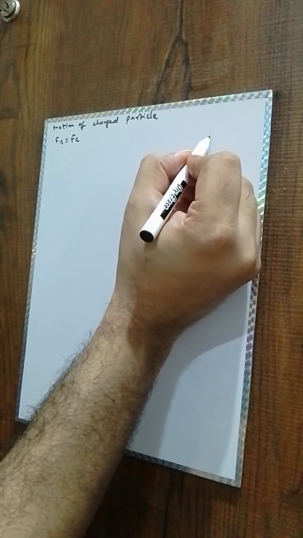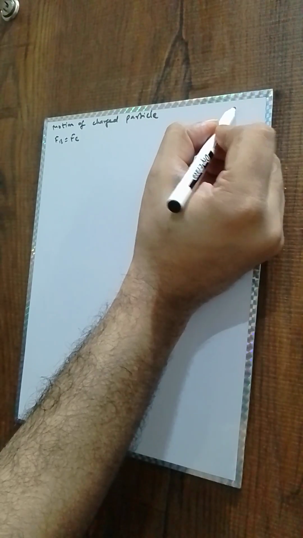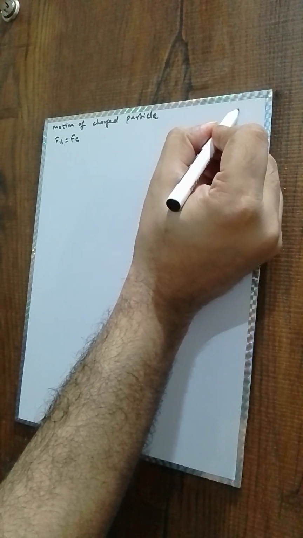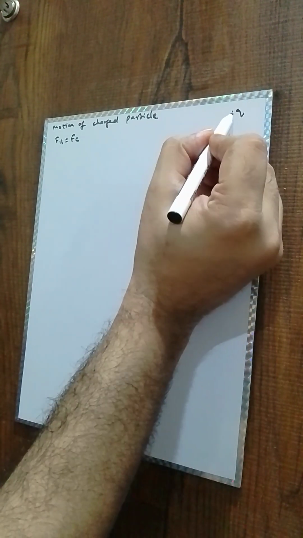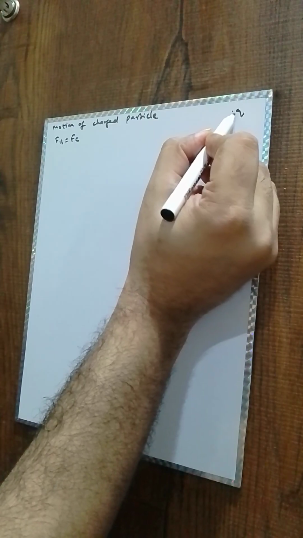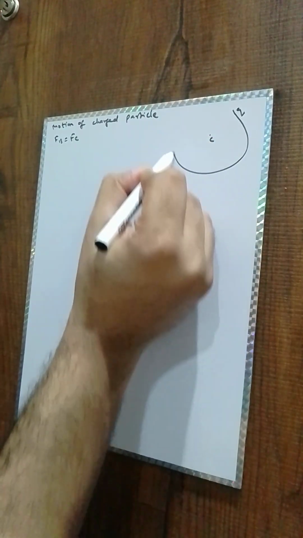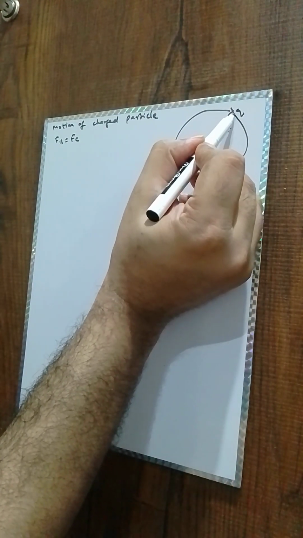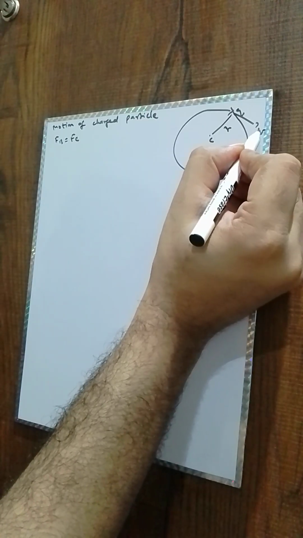Let's say here is the center and here's the charge, and the motion is somewhat circular. It makes a radius r, and the tangential velocity would be v. Linear velocity would be tangential.